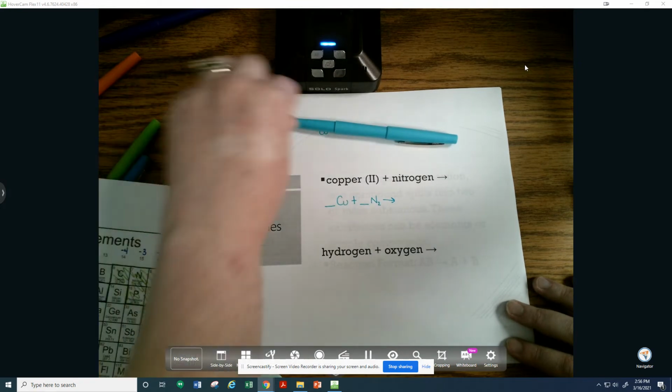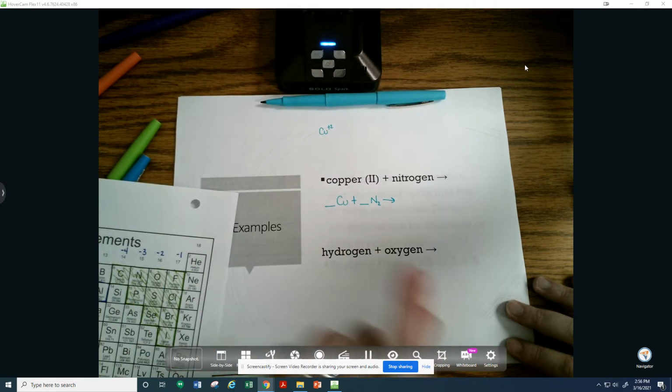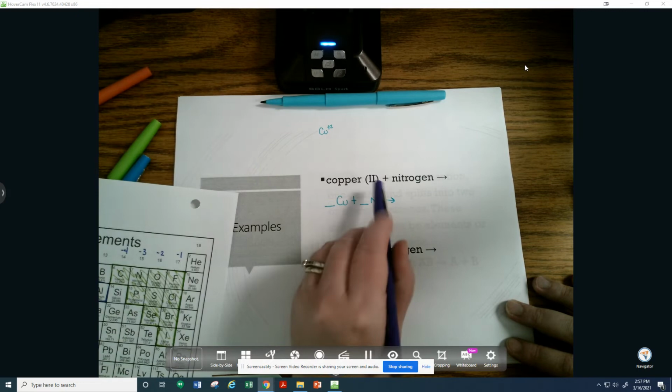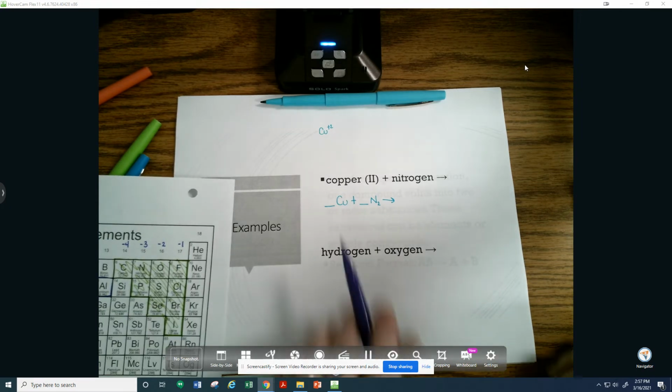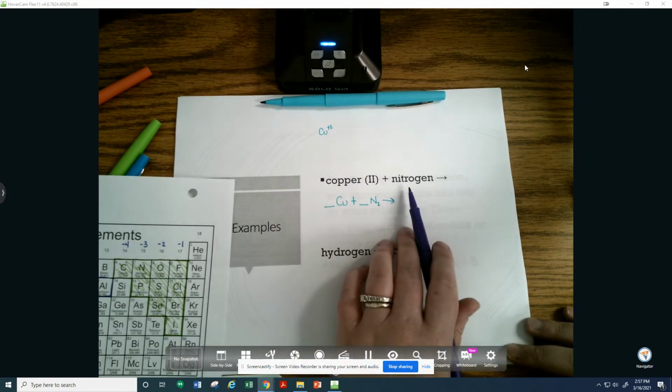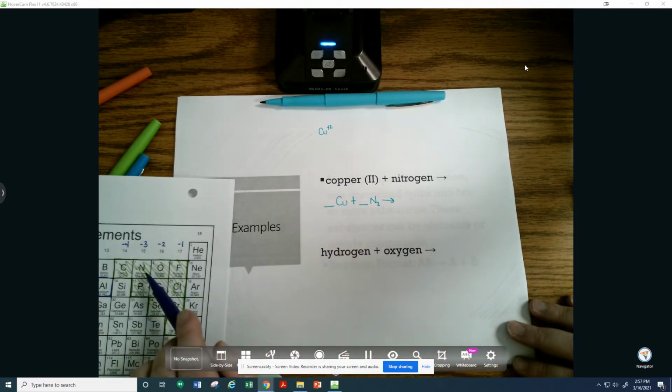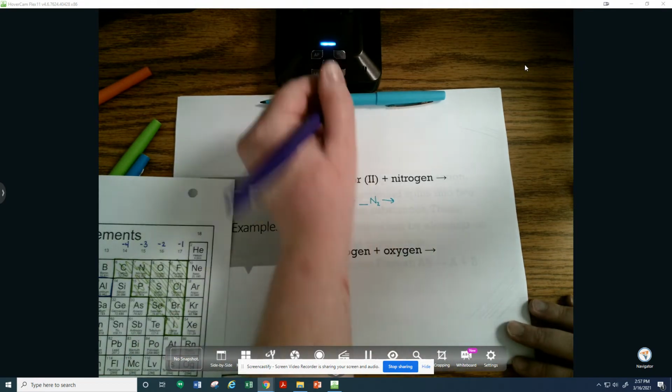Now we're ready to figure out what this reaction made. So again, I had to provide you with this Roman numeral because it's a transition metal. Now, to develop my product, copper is my cation, therefore nitrogen is my anion. Nitrogen is a -3 charge.